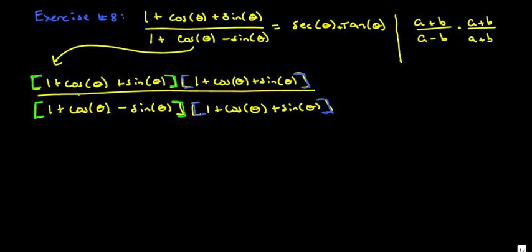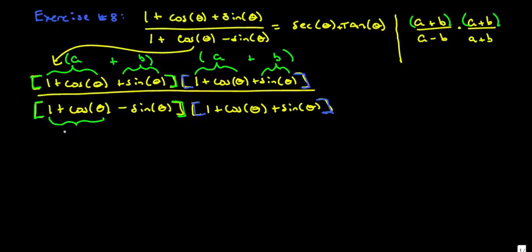Okay, this guy right here is my A. This guy right here is my B. So again, I've got A and I've got B. What I'm doing is taking A plus B and multiplying it by A plus B on the bottom, so that's this right here, A plus B times A plus B. On the bottom, this thing is still A, that's what we're calling A, and this thing is B, this thing is A, and this thing is B.